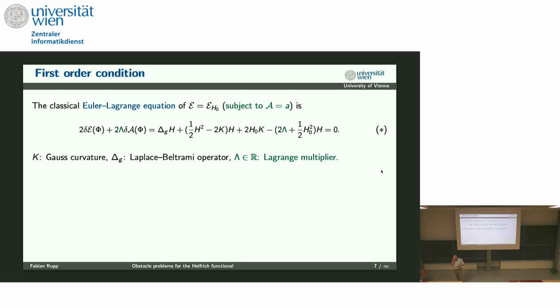Classically, the Euler-Lagrange equation of the Helfrich functional takes this form, which maybe looks not so bad. I write delta here for the Fréchet or Gateaux derivative, you could use Fréchet here if you want. So the derivative is equal to this term. Let's ignore the terms which come from the spontaneous curvature for the moment. The leading order term is a Laplacian. So this is a second order equation in the mean curvature, which makes it a fourth order equation in the parametrization.